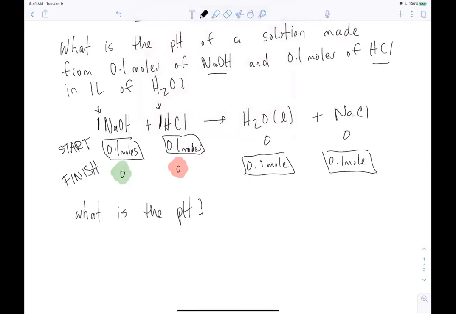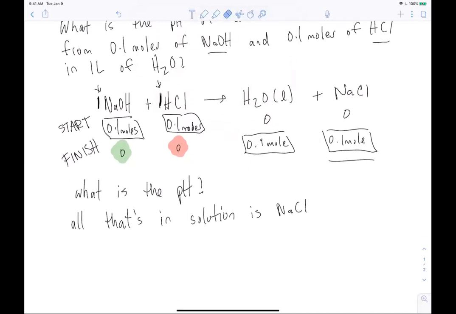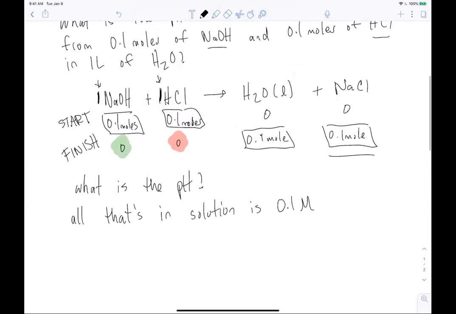So this is essentially the same as asking what is the pH of a 0.1 molar solution of sodium chloride. So we're in 1 liter, so I'm just going to quickly convert that to molarity.